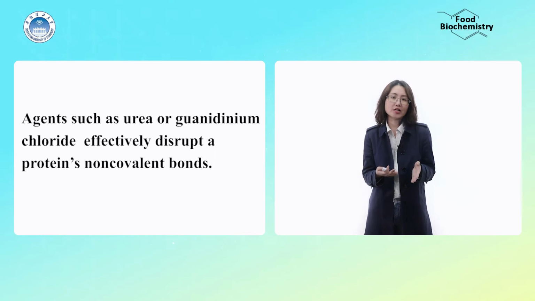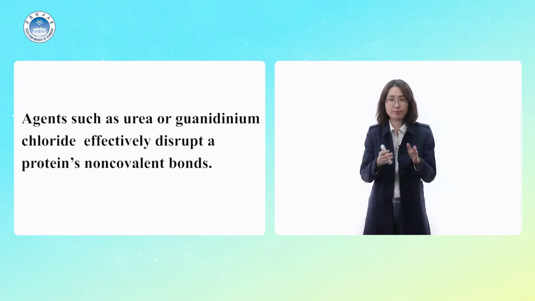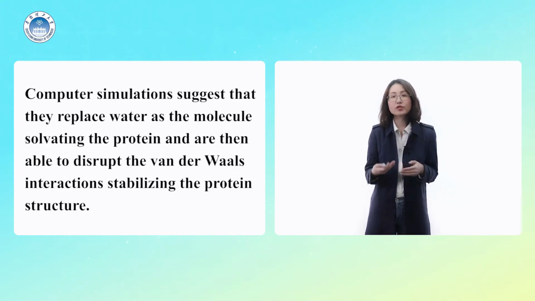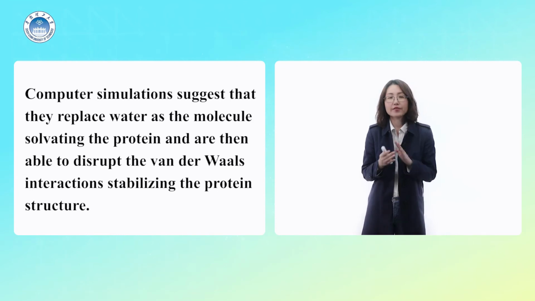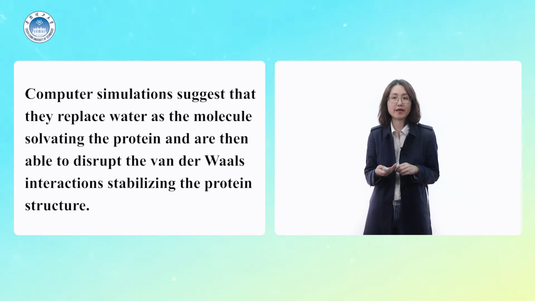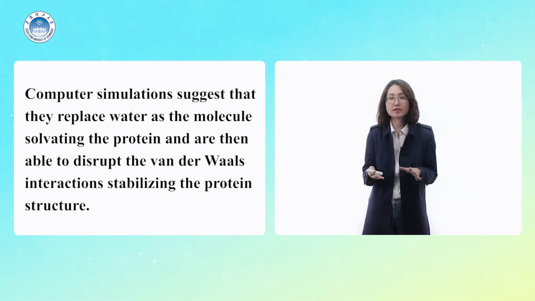Agents such as urea or guanidinium chloride can effectively disrupt a protein's non-covalent bonds. Although the mechanism of action of these reagents is not fully understood, computer simulations suggest that they replace water as the molecule solvating the protein and are then able to disrupt the van der Waals interactions stabilizing the protein structure.